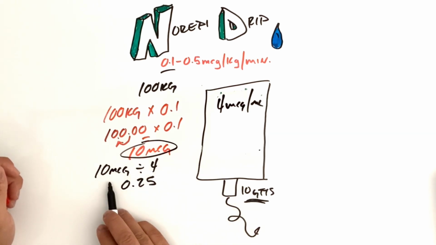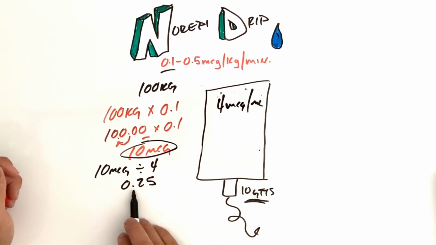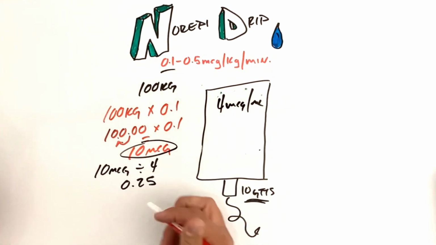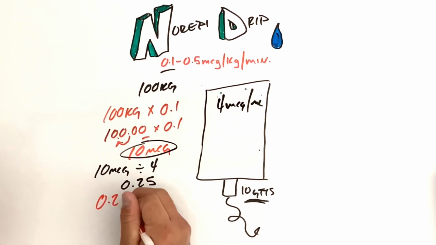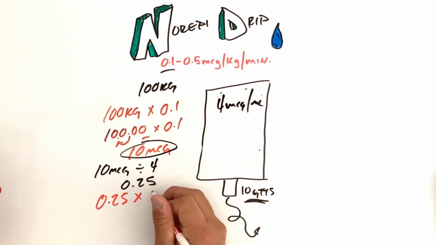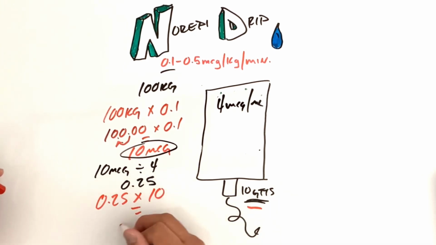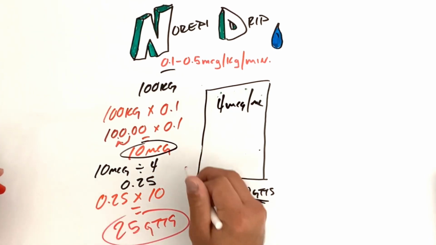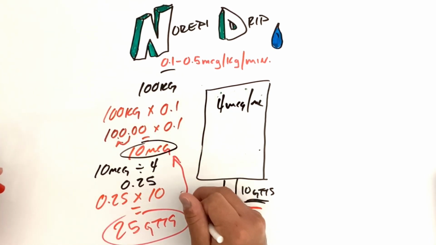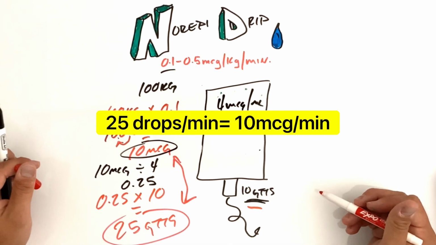That's our dose that we want. We're going to divide it by the concentration, which is 4, to give us 0.25. Then we're going to take our 0.25, simply multiply by our drip set, which is 10 drops a minute, and it's going to give us 25 drops a minute. So to achieve my 10 mics, I'm going to start my drip at 25 drops a minute.